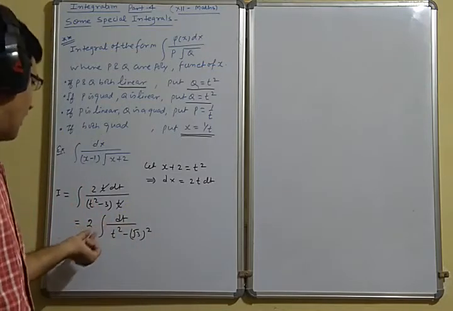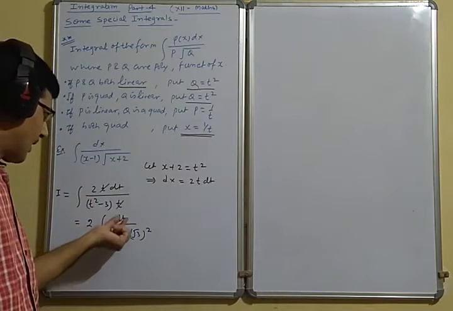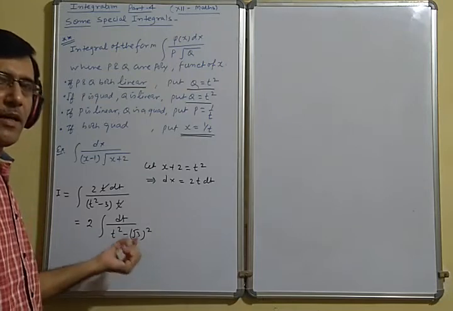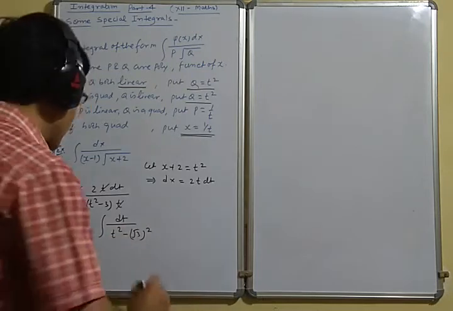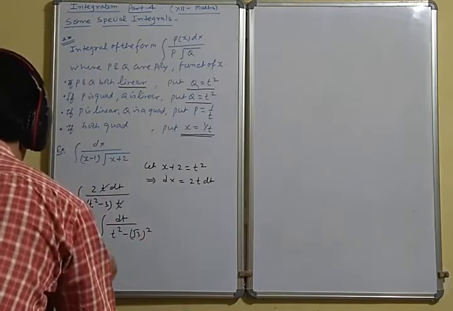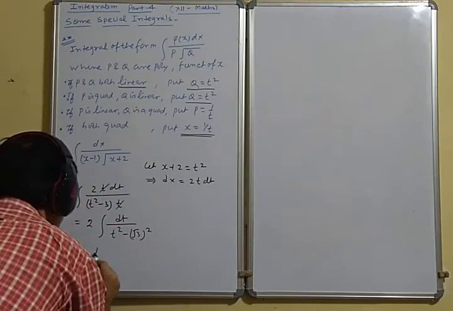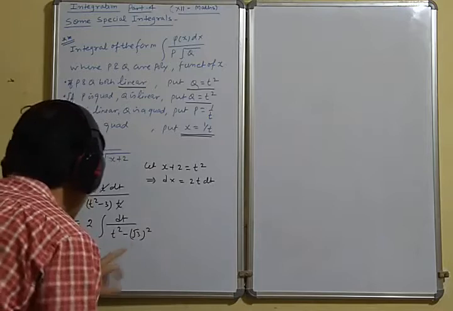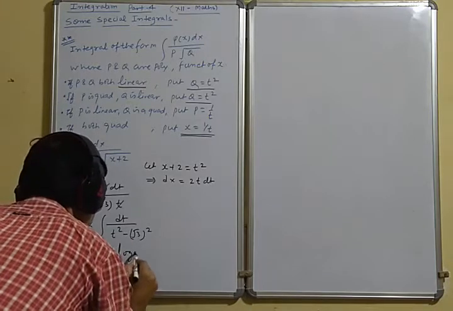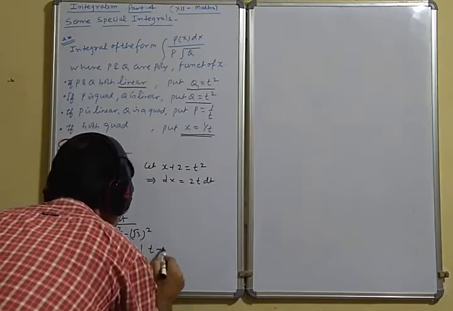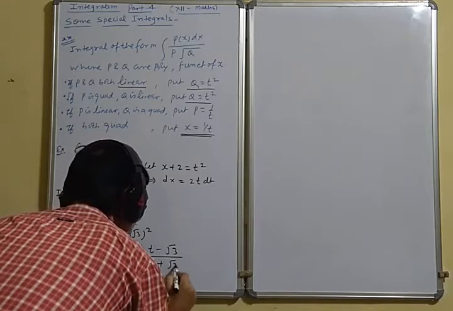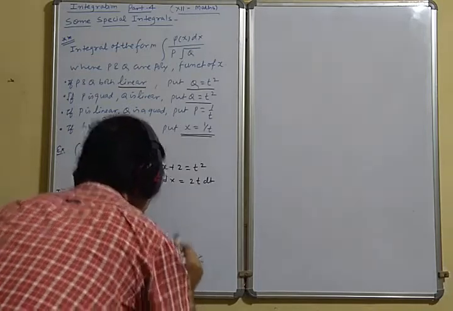So this is of the form dt upon x square minus a square, which is equal to 1 upon 2a log of (x minus a) upon (x plus a). So we get 2 times 1 upon 2 root 3 log (t minus root 3) upon (t plus root 3) plus c.